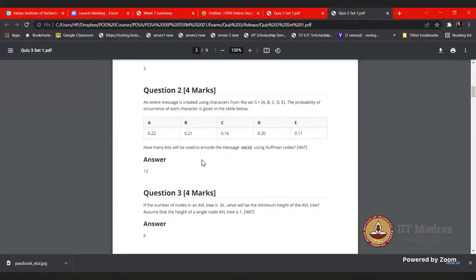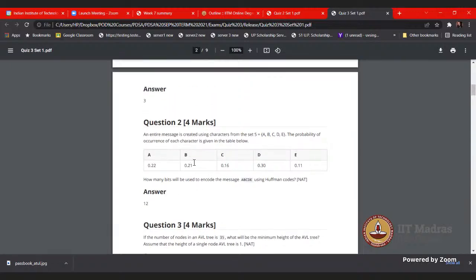Yes, sir. What is the question: how many bits will be used to encode this message? Where is the information given to take the nearest integer part? It was in my question paper. I think no. Let me share the link. Wait a sec. Okay, sent.